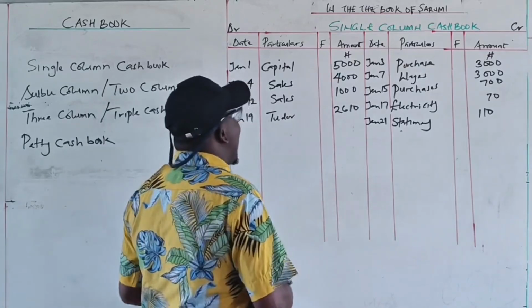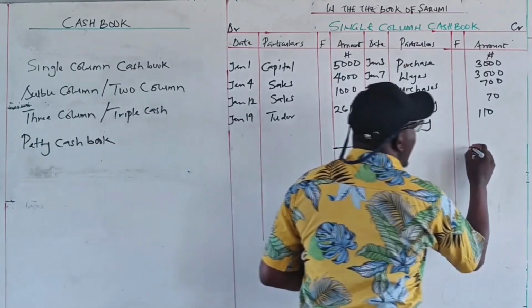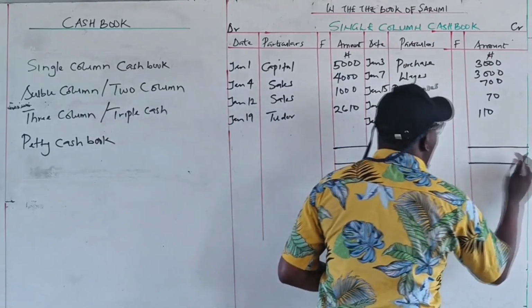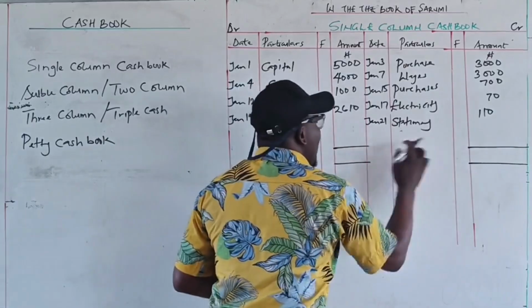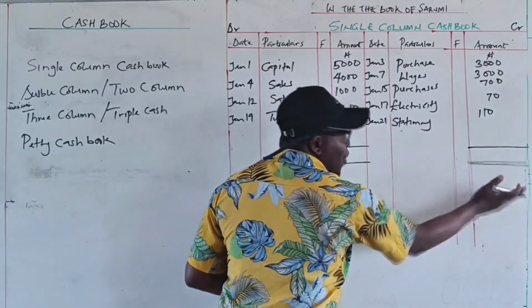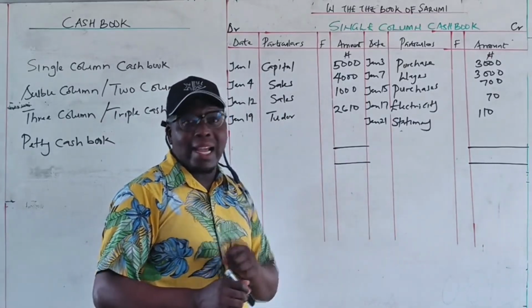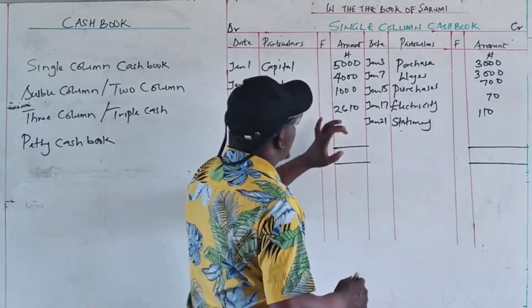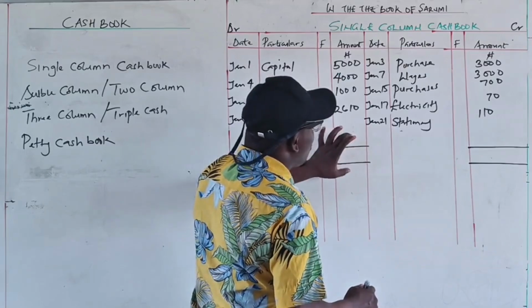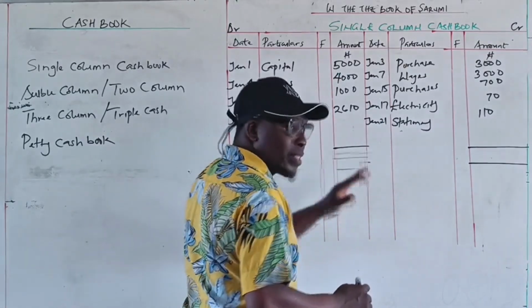So in closing the account, we use the value with the highest value and make sure our closing is on the same line. It must be on the same line. Don't put one up and put the other one down. It's totally wrong, and you will be penalized for it under exam condition. So make sure the totals to close the account are on the same margin, the same line.